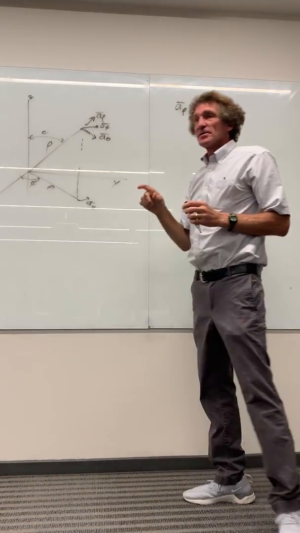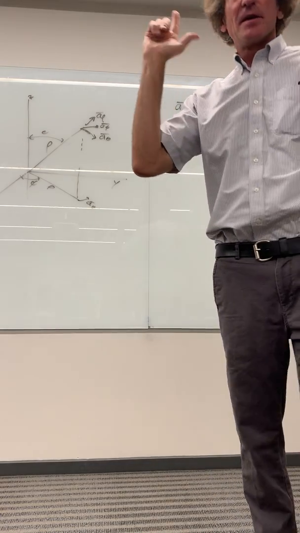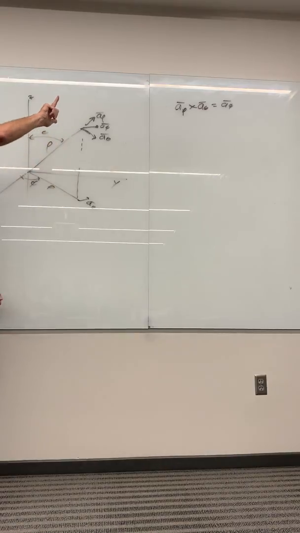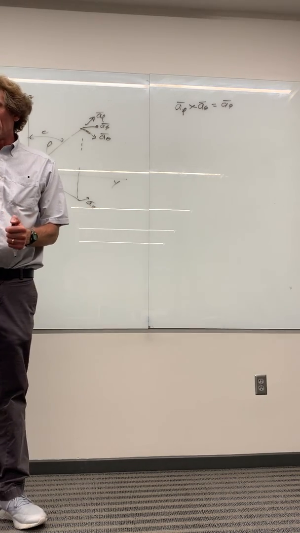Now can you see that? Just take your right hand, use your index finger and aim it in the direction of A rho. And then use it as a wiper arm, and over the smallest angle, wipe it into A theta. You see how your thumb is pointing right into the board? You all see that? So into the board would be A phi.